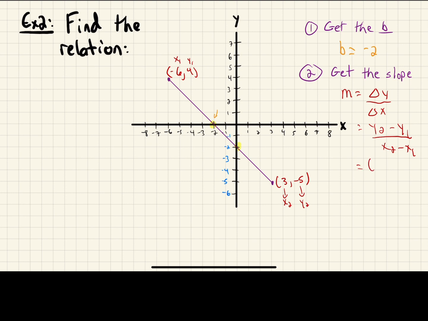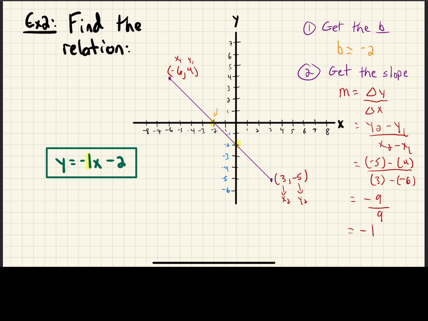We're going to plug in -5 for the second y value, minus 4 for the first y value, over the second x value of 3, minus the first x value, I should say, of -6. And so when we plug that into our equation here, we end up getting -9 over 3 minus -6 would give us a value of +9, which means that the slope is equal to -1.